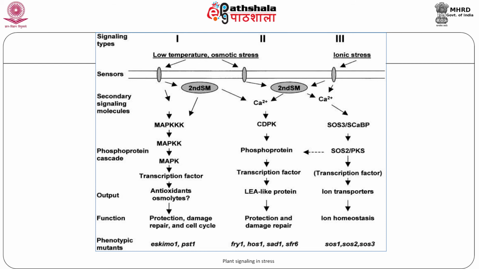Type 1 signaling involves the generation of ROS, scavenging enzymes and antioxidant compounds as well as osmolytes. The involvement of MAPK pathways in the production of osmolytes in plants has not been demonstrated experimentally.